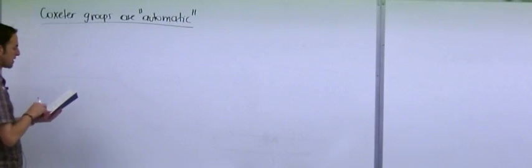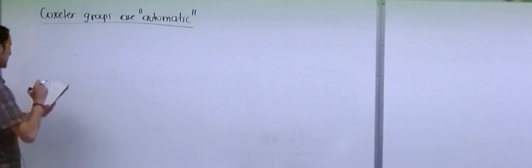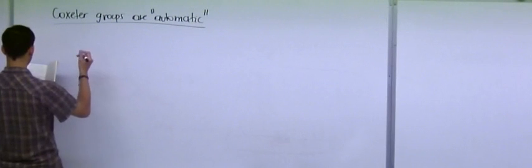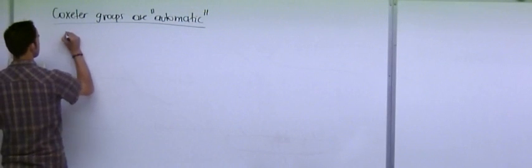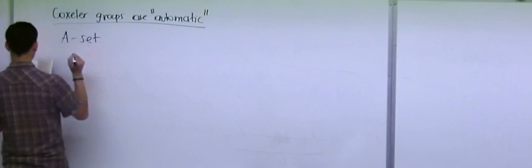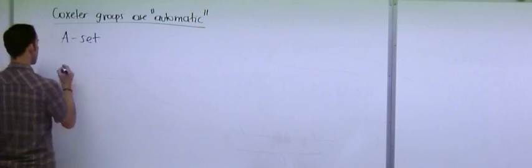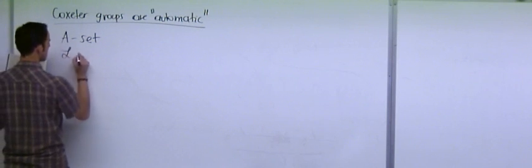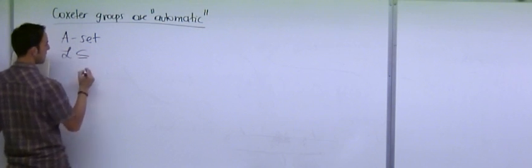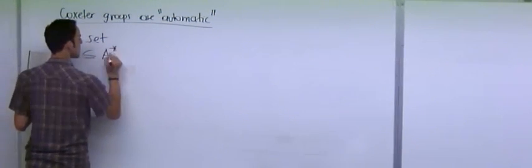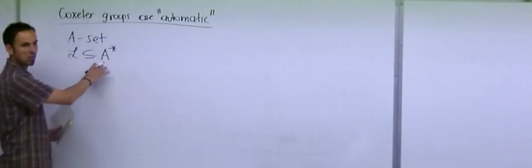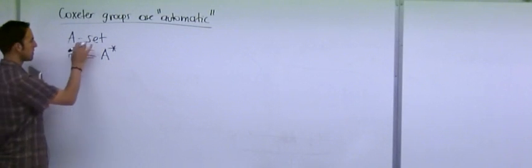So let me tell you about automata. If you have some set, and you consider any subset of the set of words, so A star denotes the set of all finite words in this alphabet.